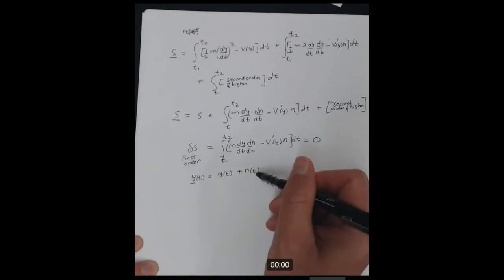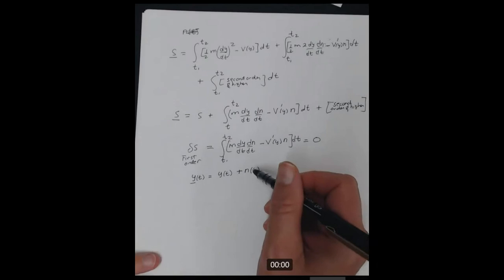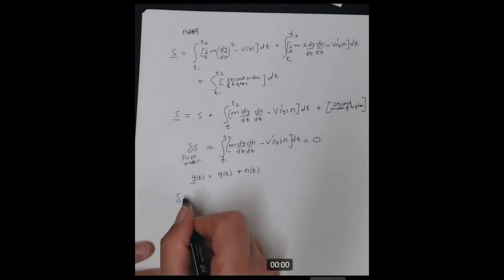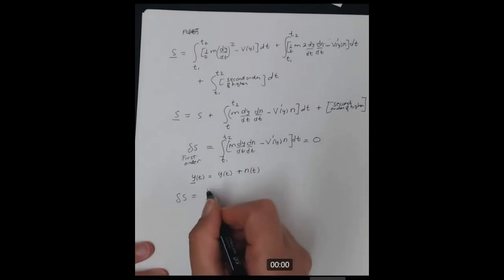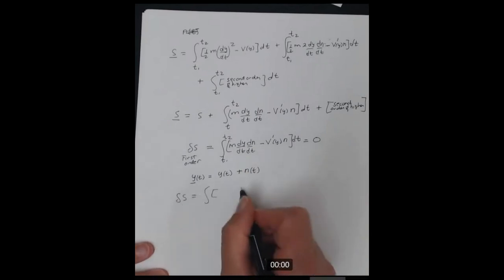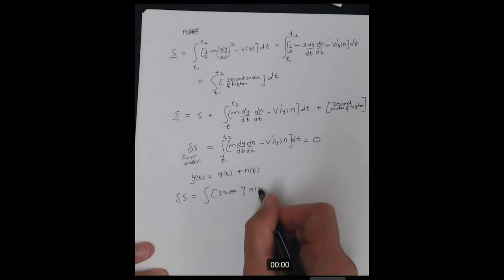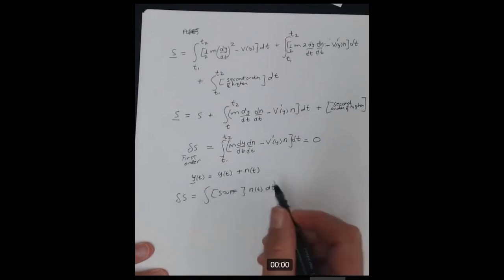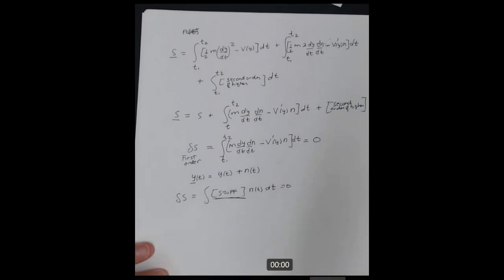So this is not necessarily 0. So what I would like to write is this variance to first order as an integral of stuff here times n of t dt. And then if this is going to be 0, what is in here must be 0, since n of t is not necessarily 0. So that's what I'm going to do.